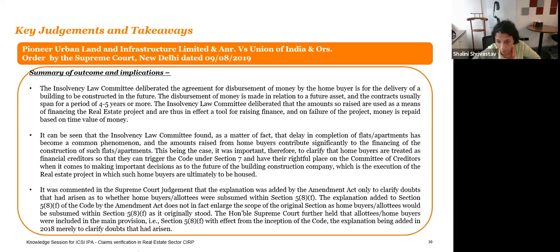The Honorable Supreme Court further held that allottees or home buyers were included in the main provisions with effect from the inception of the code, the explanation being added merely to clarify doubts that had arisen. So the Supreme Court upheld the classification of home buyers as financial creditors in all respects.